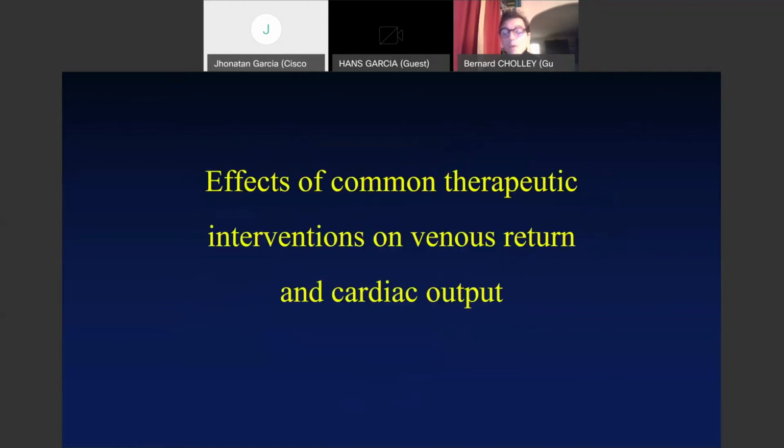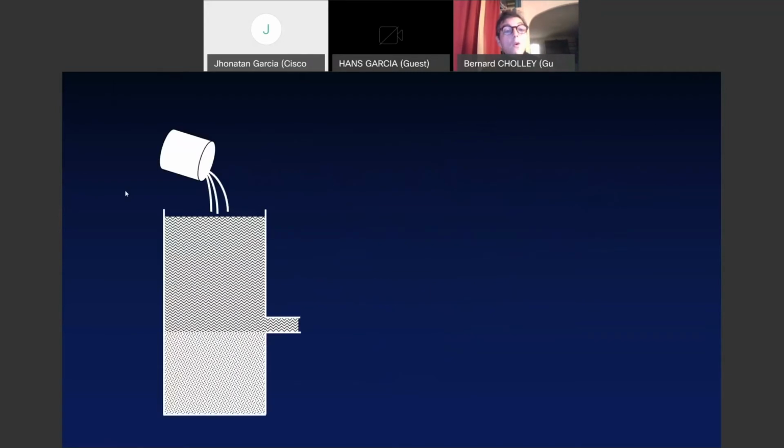Now, we have to realize that everything that we do in our daily practice is affecting these determinants of venous return. When we give fluids to a patient, we add more liquid in the venous reservoir, which will result in a greater mean systemic pressure, which will increase venous return and increase cardiac output.